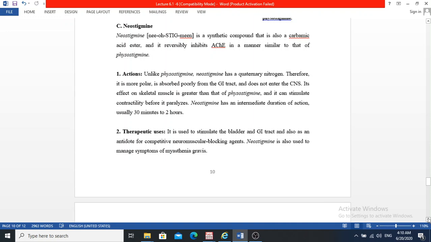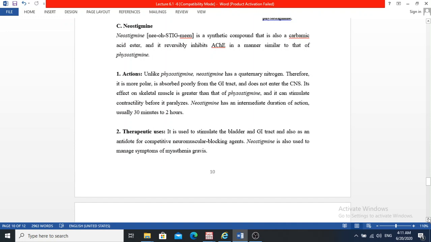It can also stimulate contractility before it paralyzes. So the long duration of action can cause stimulation, meaning contraction, until reaching paralysis of the muscles.